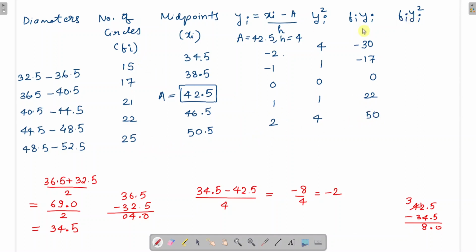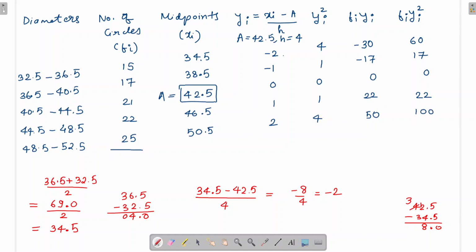Then fi yi square, so 15 times 4 is 60, 17 times 1 is 17, 21 times 0 is 0, 22 times 1 is 22, 25 times 4 is 100.